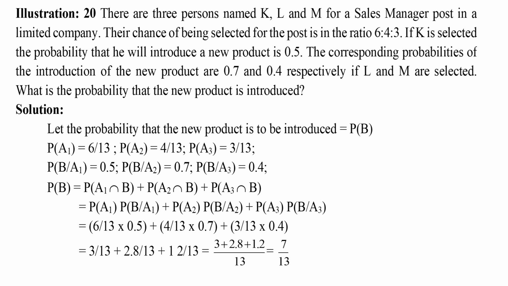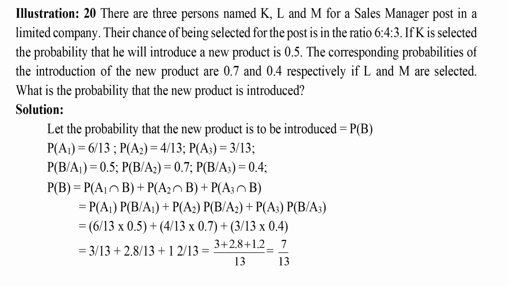Solution. Let the probability that the new product is introduced equal P(B). P(A1) equals 6/13, P(A2) equals 4/13, P(A3) equals 3/13. P(B|A1) equals 0.5, P(B|A2) equals 0.7, P(B|A3) equals 0.4.